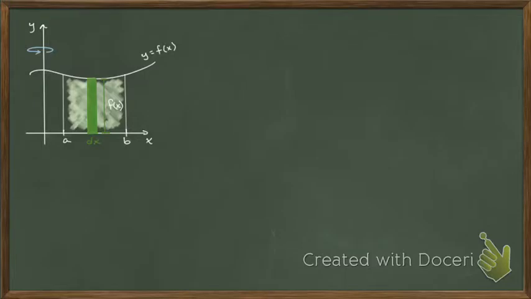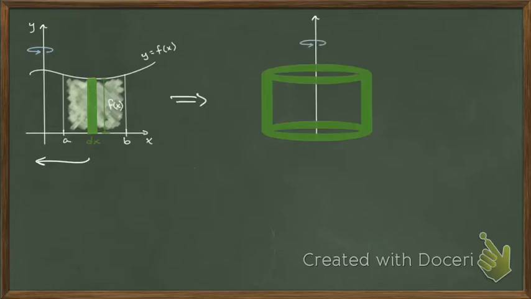So here's my figure again. I'm going to take that strip, just focus on that strip in green, and when I rotate that about the y-axis, I get something that looks about like this, just the strip. Now if I keep taking different strips in my region and rotate those, I'm going to get those concentric, cylindrical looking shapes when I rotate each individual slice.